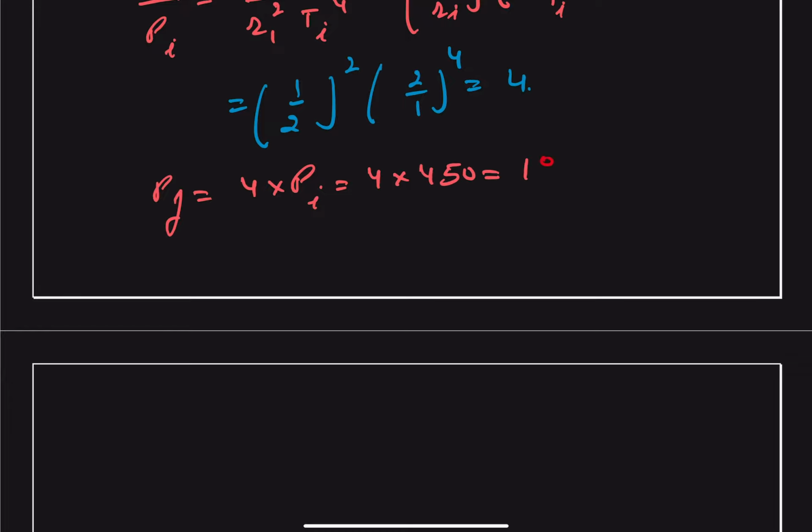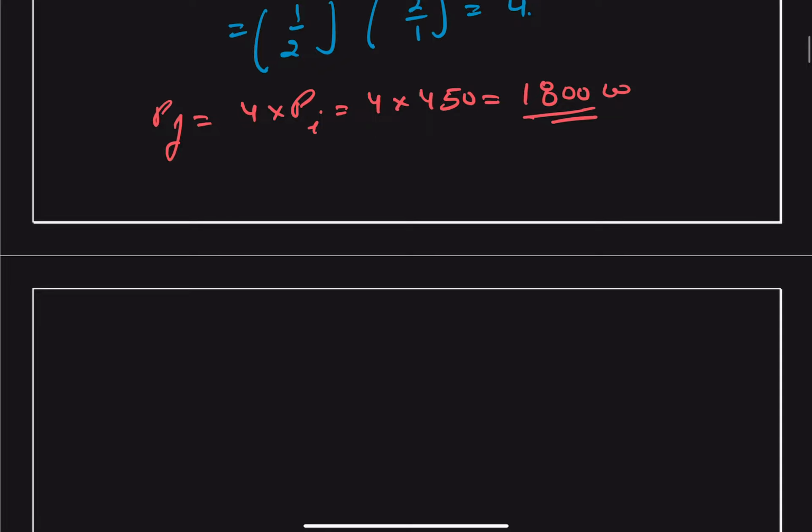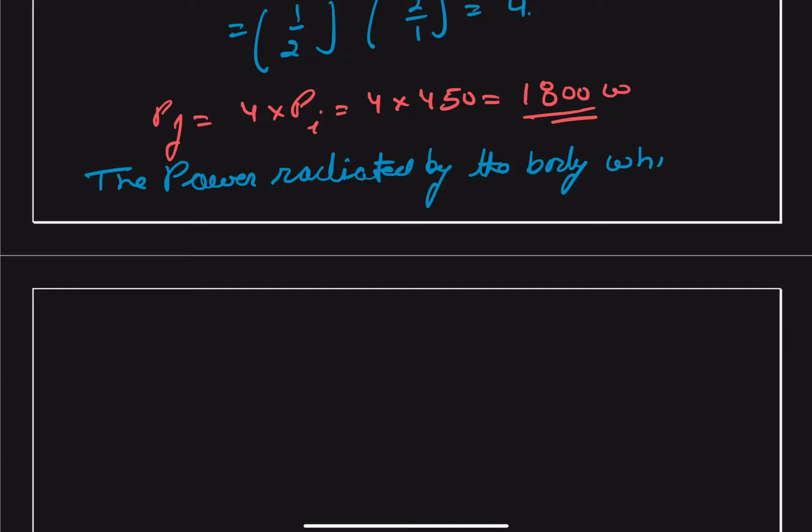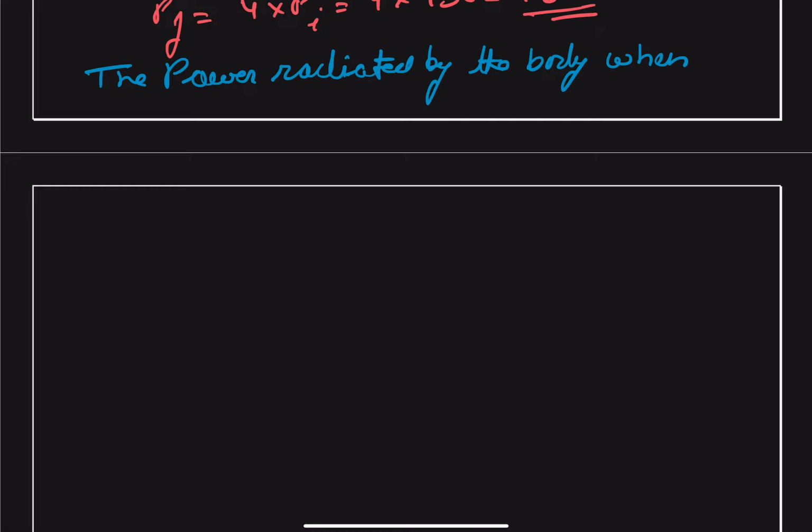So it means when the radius is halved and temperature is doubled, the power radiated by the body is equal to 1800 watt.